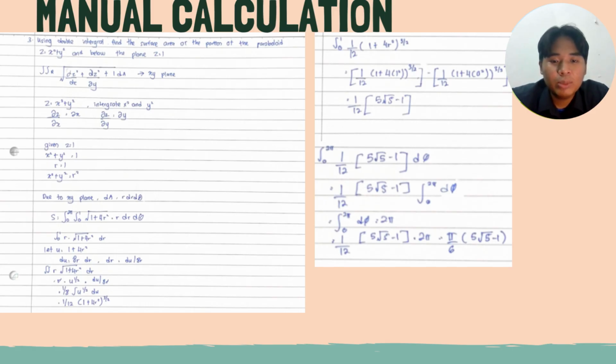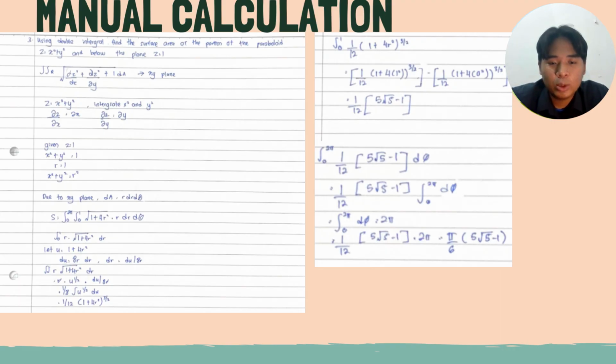Then we apply the limits: 1 over 12 times 5 to the power 3 over 2 minus 1. Since 5 to the power 3 over 2 is equal to 5 square root of 5, we get 1 over 12 times 5 square root of 5 minus 1. Then we integrate with respect to theta.